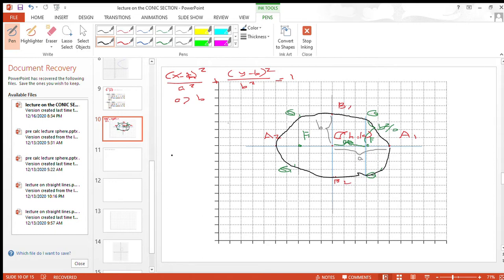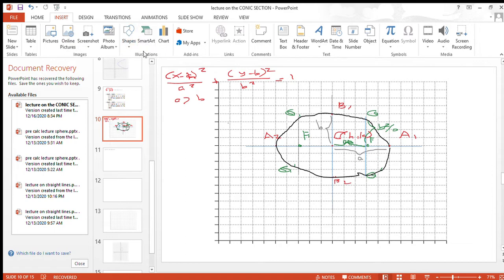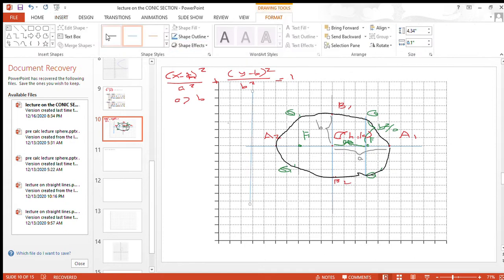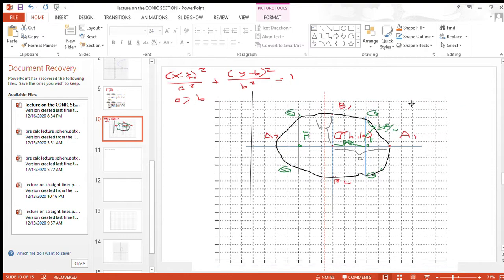So the only thing missing now will be our directrix. And if we will now draw our directrix, it will be parallel to the minor axis.